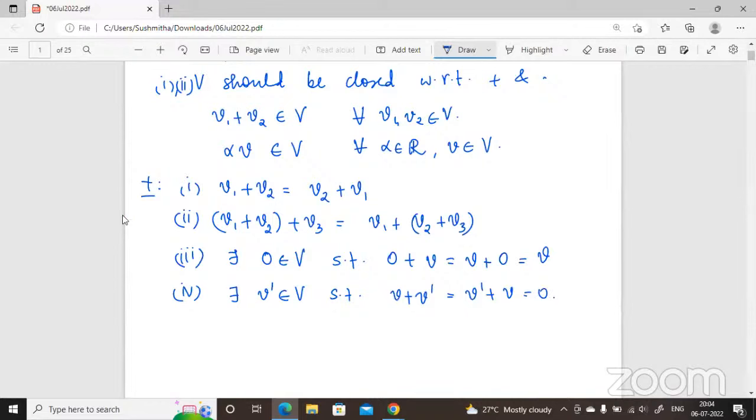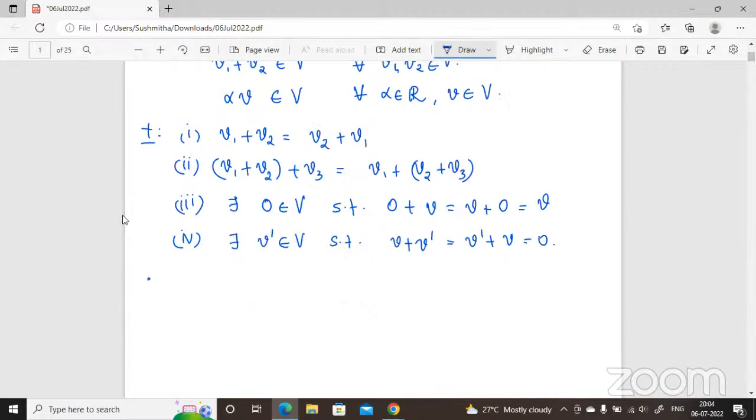Then you say that this V prime is the additive inverse of the vector V. So these are the 4 conditions that have to be satisfied with respect to the operation plus. And similarly, with respect to dot, there were 4 conditions, including ones that spoke about the relationship between dot and plus, when both operations are involved.